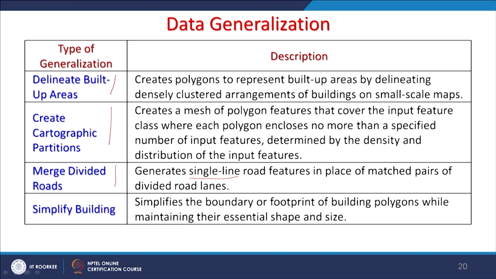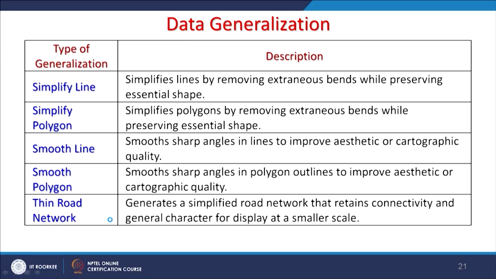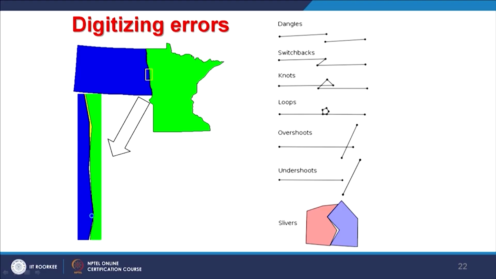So you can generalize and create just a single line, or simplify buildings. Buildings may be represented through polygons, so you can also simplify and merge them into a block or a larger polygon. Then there are others, like simplify line for polylines, simplify polygon, smooth line. We have seen the example of smooth line and smooth polygon. If there are too many details along the polygon, we can smoothen it. Thin road network, we have already discussed this part.